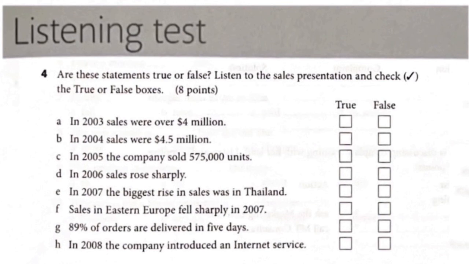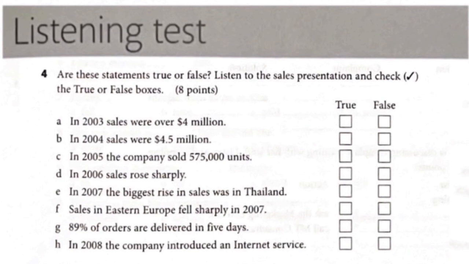In 2005, we had a good year. Our sales rose to $5.3 million. That means we sold 545,000 units. But in 2006, sales fell sharply. If you remember, in 2006, we introduced a new computer system, which caused a few problems.